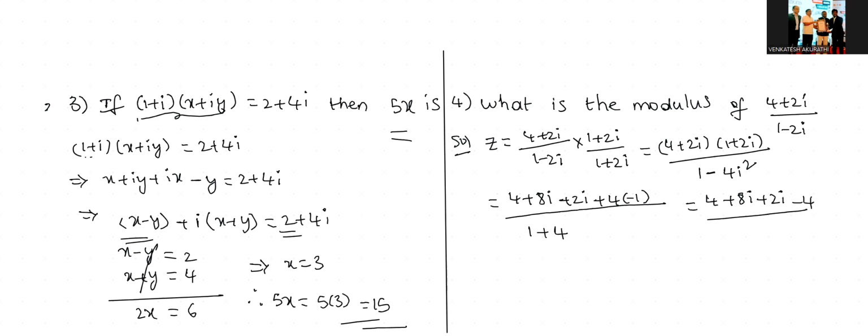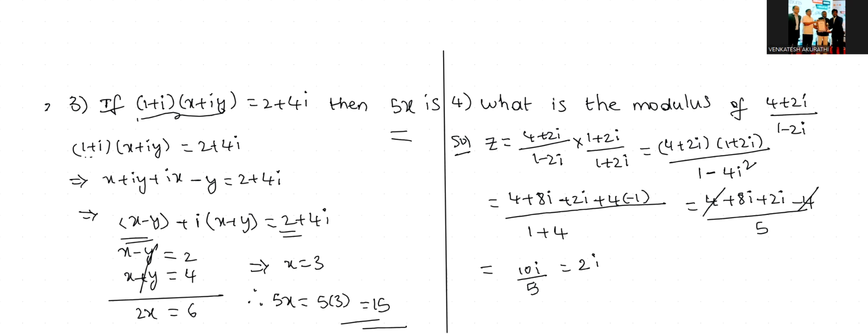That is equal to minus 4 plus 4 cancel, 10i by 5. That is equal to 2i.